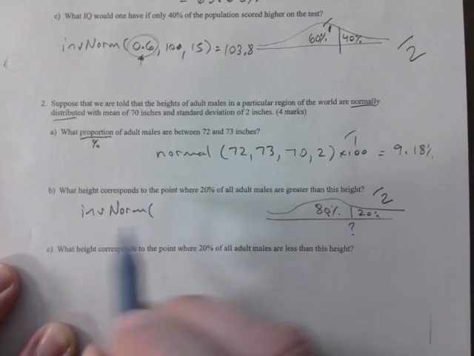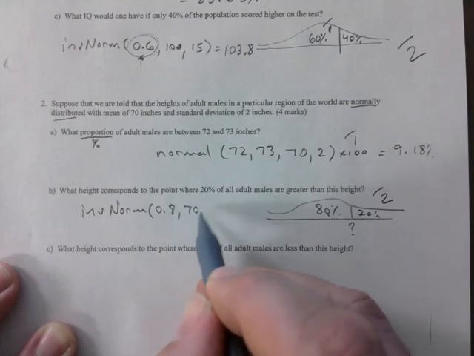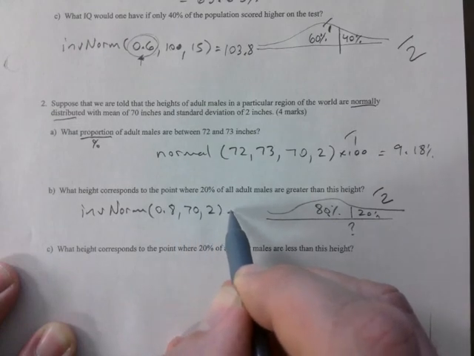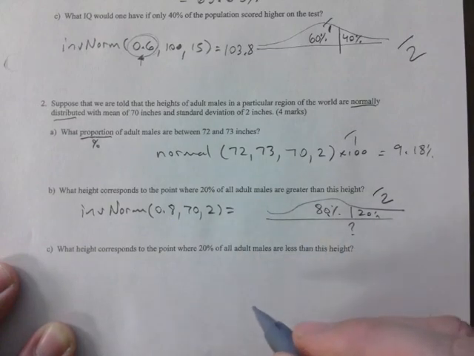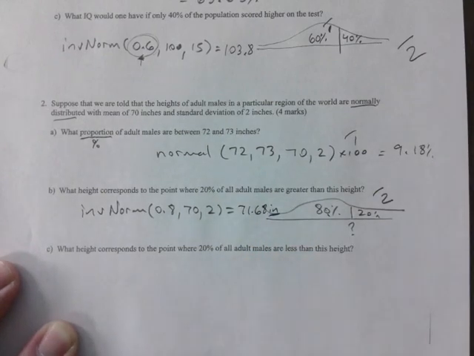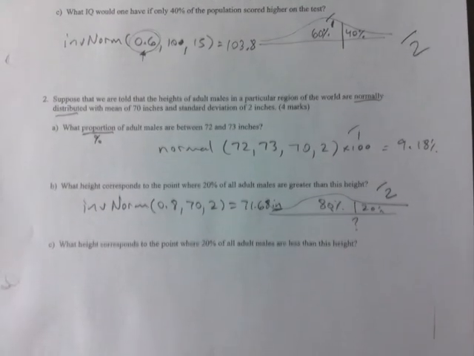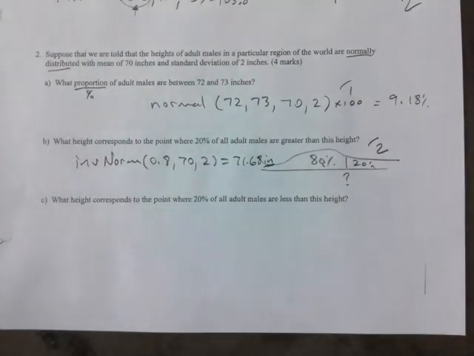So if you used inverse norm, you most likely get a mark already. And that is 71.68 inches. You have to have units in this case. The IQ score had no units. That's just your score.